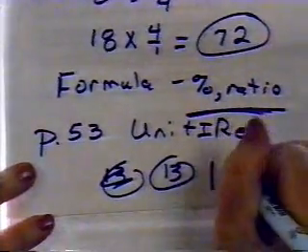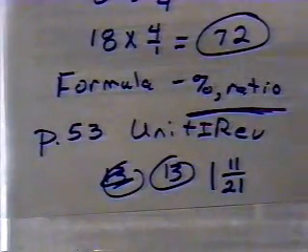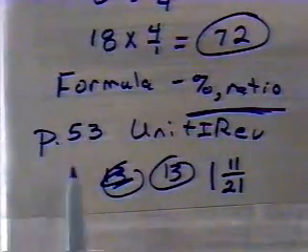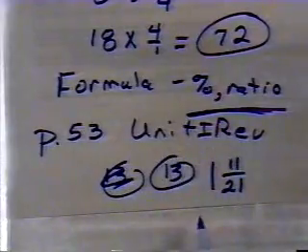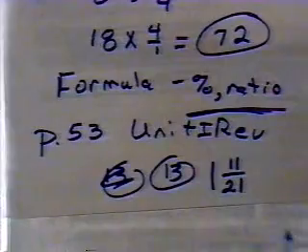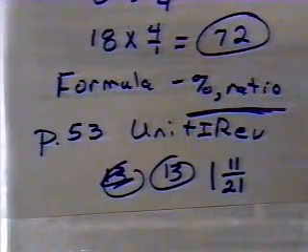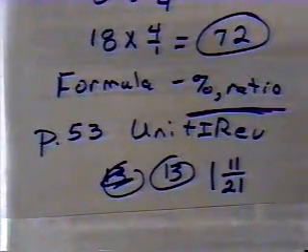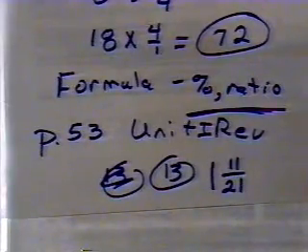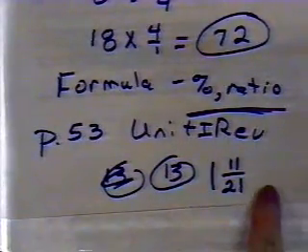That answer should be 1 and 11/21. When I typed it in, I just got those numbers reversed. So on page 53, Unit 1 review, number 13 should be 1 and 11/21. I have 11/12. Page 53 is the answers in the back, and on these answers, I have one of them typed in wrong. This is the correct answer here.